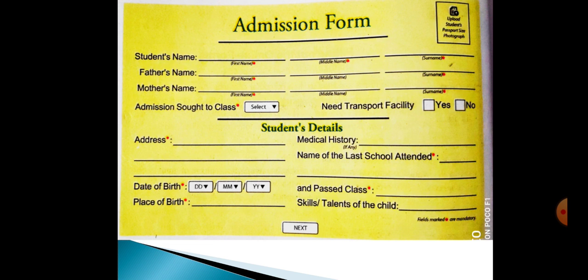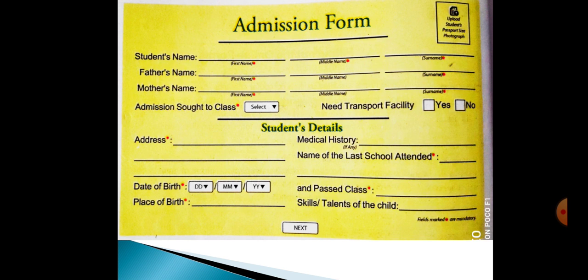You have to travel from, and if you want the transport facility, then in the first column you should tick yes. If you do not want any transport facility, then tick on the next column, means no, tick there.